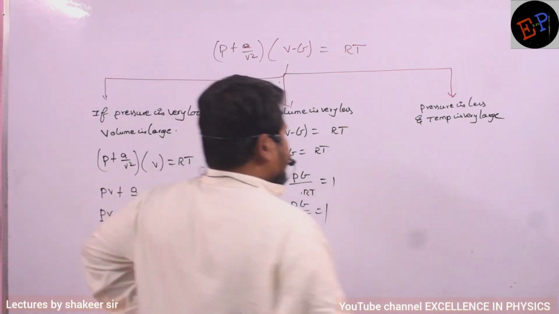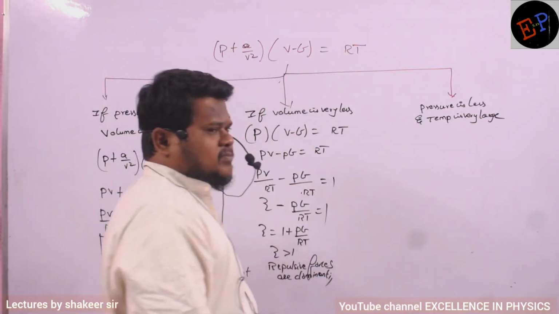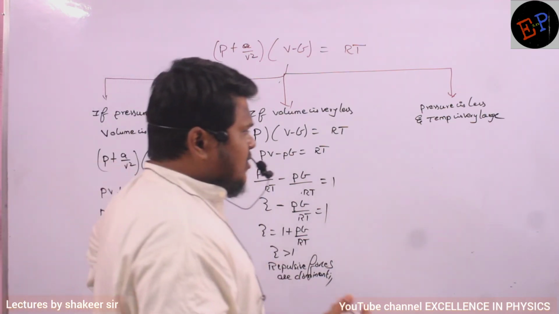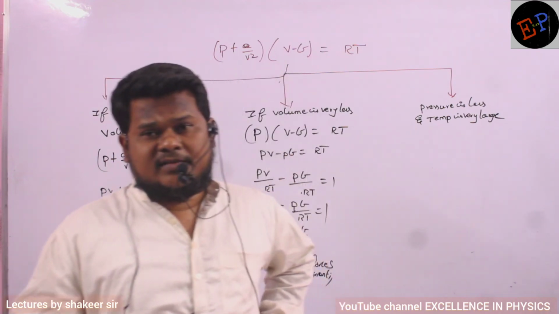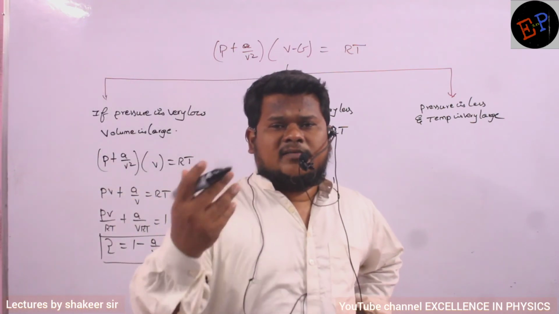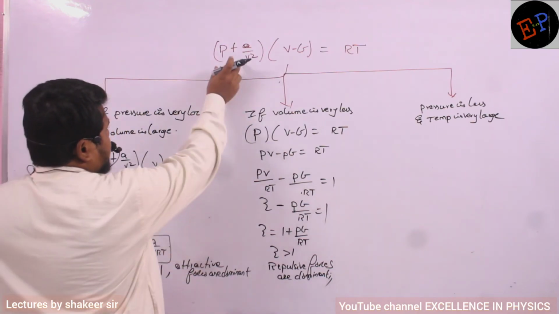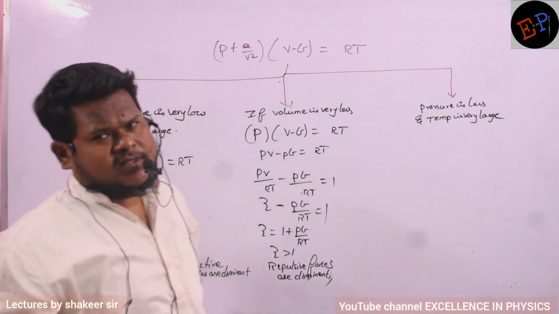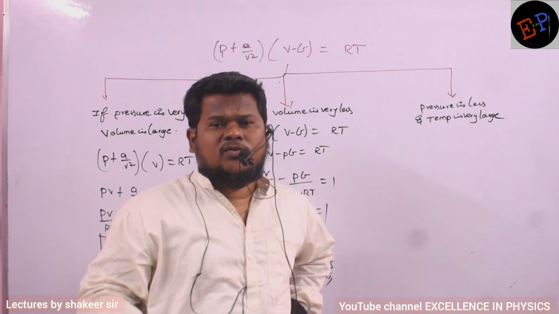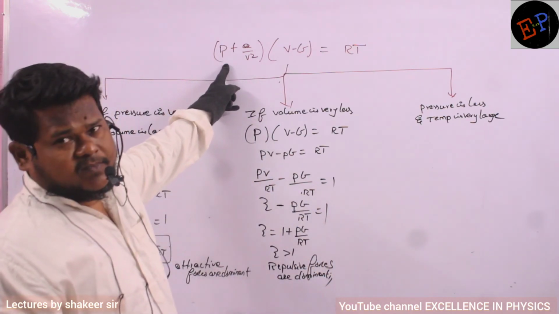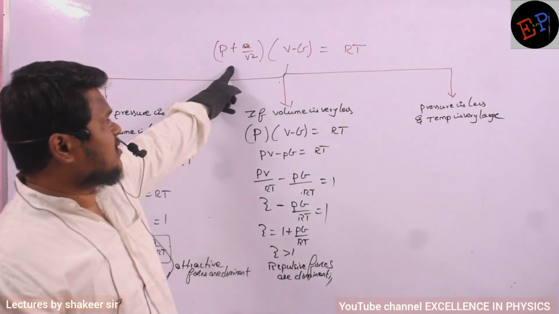If temperature is very large, then the gas molecules have very high velocity. Their kinetic energy will be very large, their velocity will be very large. If velocity is very large, the attractive forces and repulsive forces play a very small role, almost no role. So you need not write the correction term in the case of pressure. What was the reason for writing the correction term in pressure?